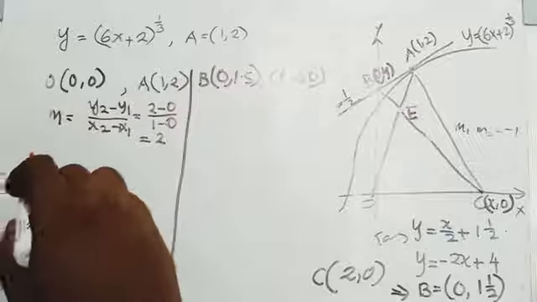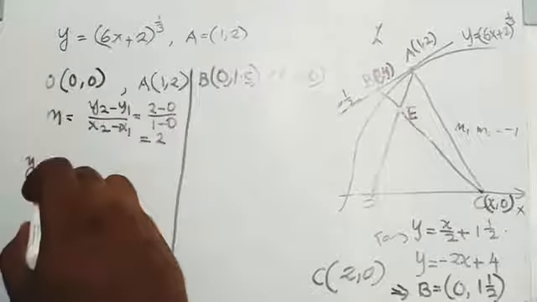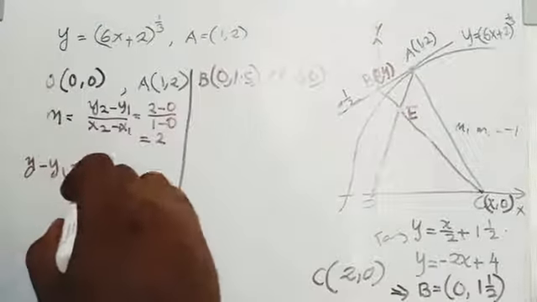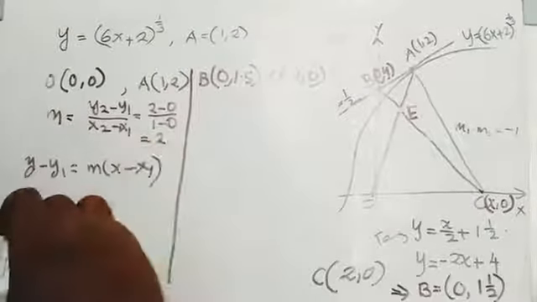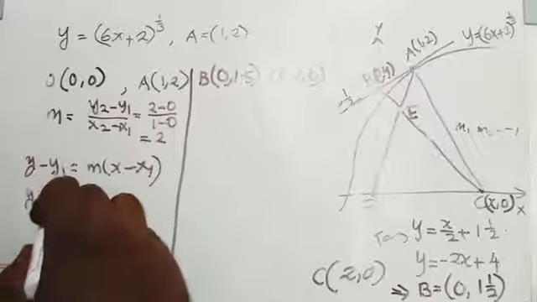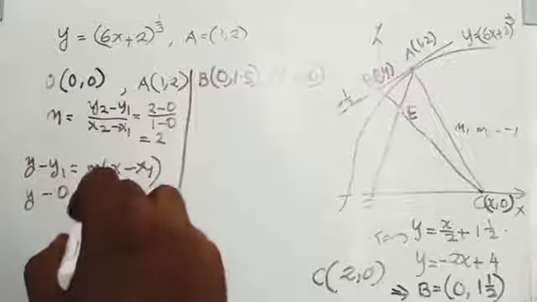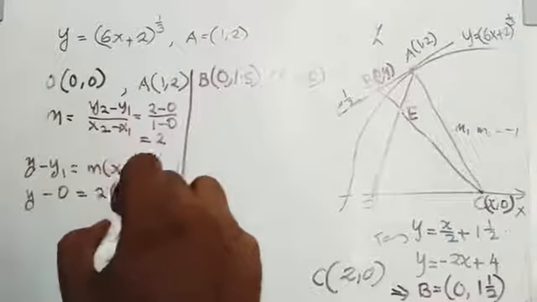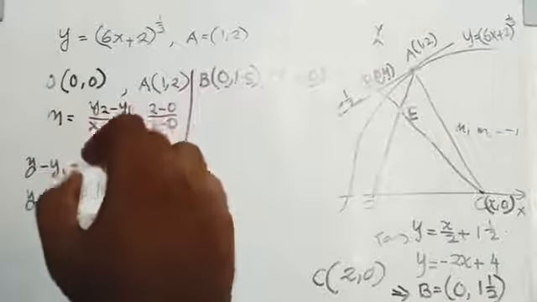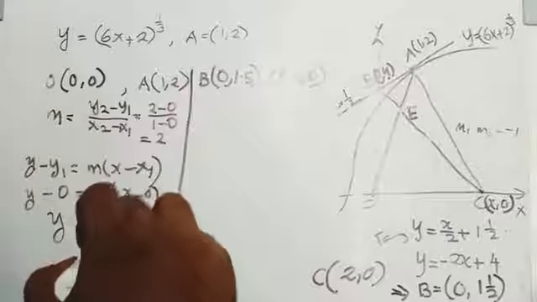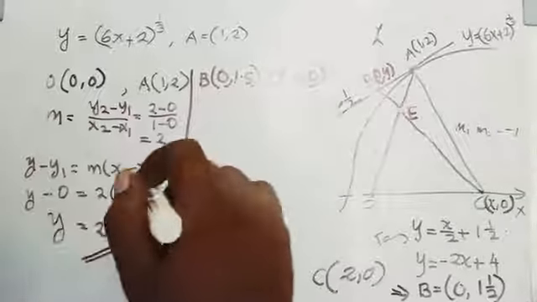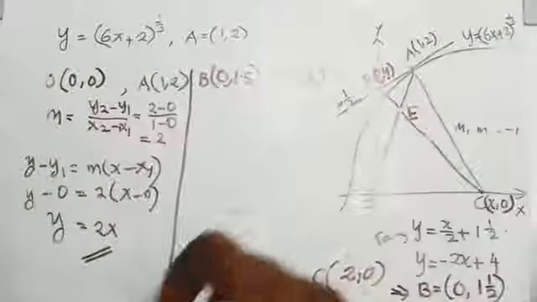Our equation of line is y minus y1 is equal to m of (x minus x1), that is y minus 0 is equal to 2 of (x minus 0). You can take any one of these points. So we get y is equal to 2x as the equation of OA.